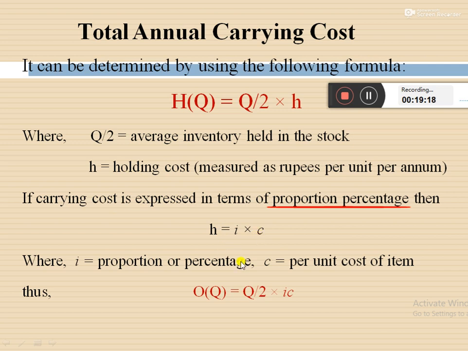So H would be equal to 20 rupees. In that case, if the carrying cost is expressed in terms of proportion, then the formula of calculating annual carrying cost would be equal to Q by 2 into IC. Instead of H, we would use this expression, that is IC.